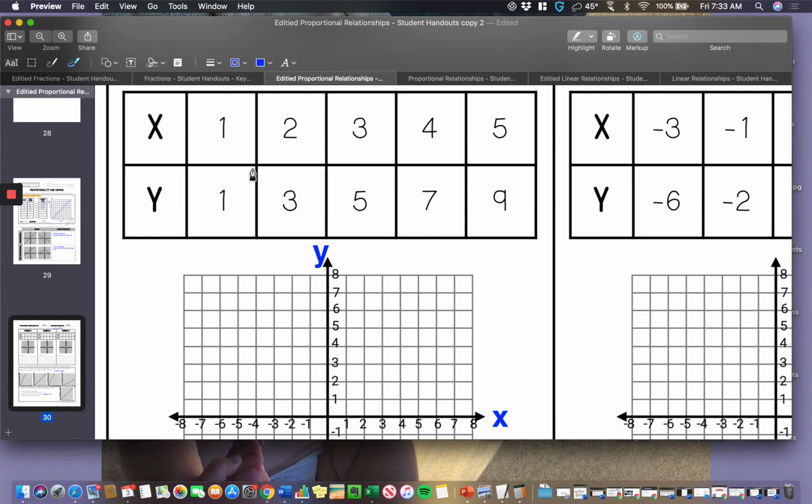If I really needed to help you out more, I could color code these, but I think you guys got this.